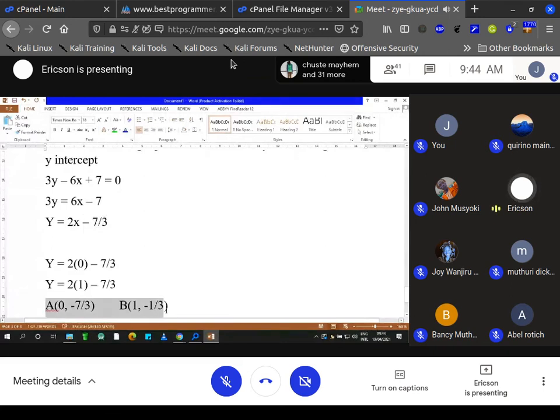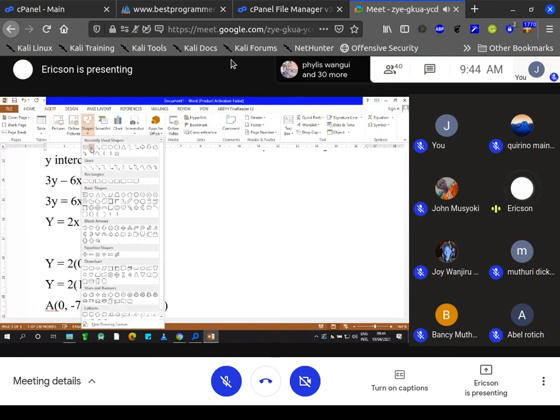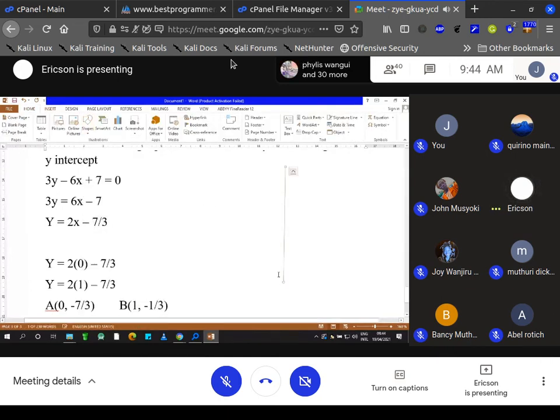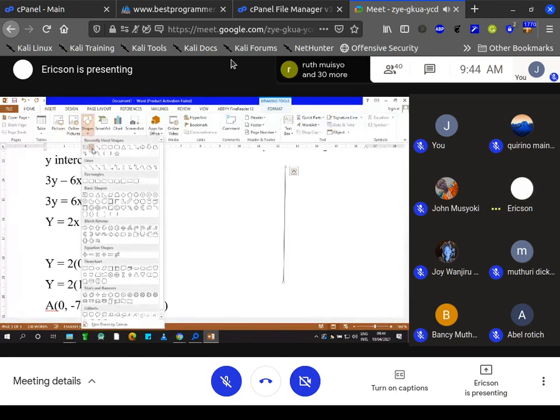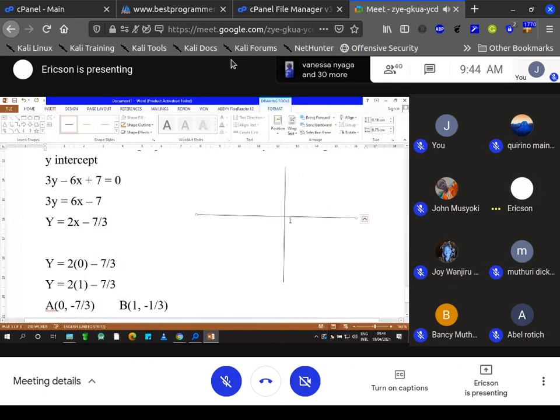Plotting this graph, you will find that this line will pass through that point, negative 7 over 3, on your y-axis. The graph will pass through that way.